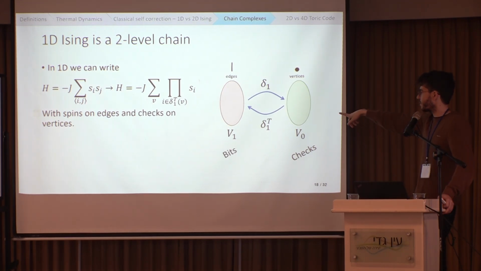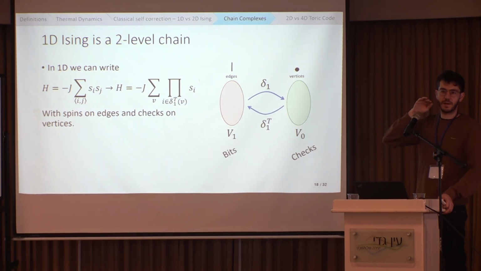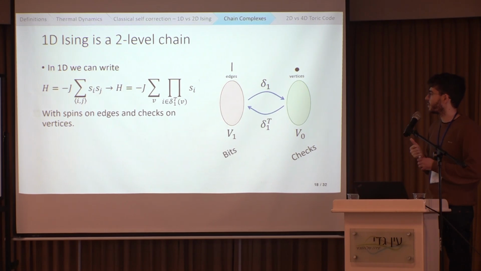This means that in the Ising model and the 1D lattice, neighboring sites are just according to this boundary.